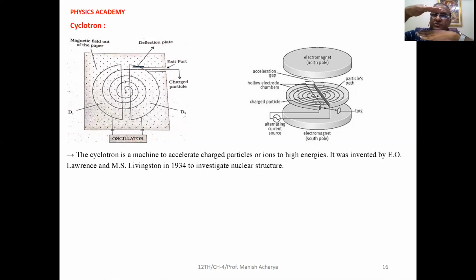Now, between these two poles of the magnets, there is a box in the shape of D. These two boxes are known as dees because their shape is like the letter D, and these are hollow dees.